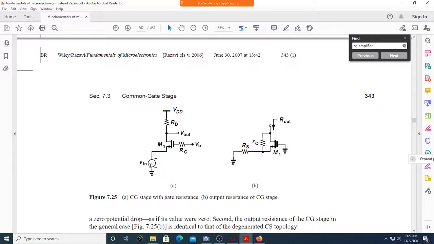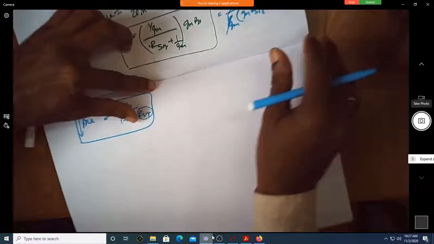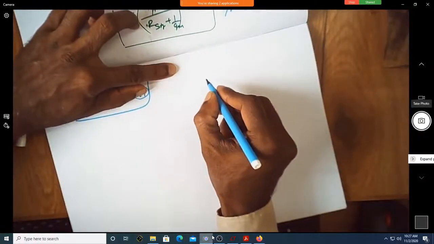Since this Vin has some RS as per the textbook, when you ground that Vin, that R signal will come into the picture. Let me draw the circuit over here.